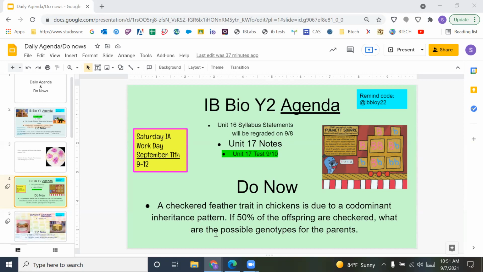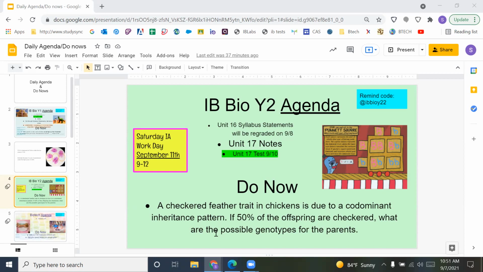Okay. All right. So if this is true, we have CB. This has to be CW. CB. This can be CW. This is CB. Yes. Okay. CB. Then this one has to be CB.